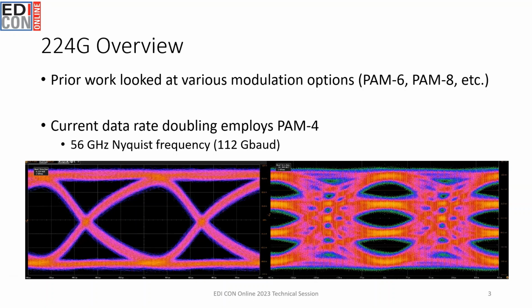This sets the Nyquist frequency to 56 gigahertz, and then that gives us a 112 gigabaud bit stream. When we look at the eye diagrams, we can start to see some of the signal integrity challenges that might arise in these channels. So when we look at the bottom left, we see a 2-level eye diagram, and then on the right is the same channel, but with a 4-level eye diagram.